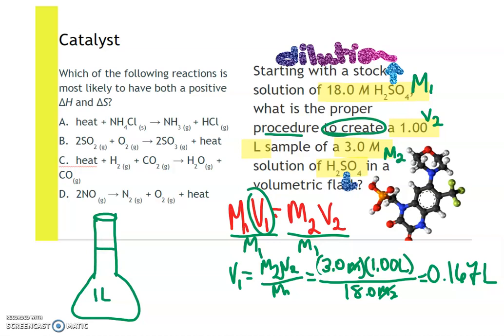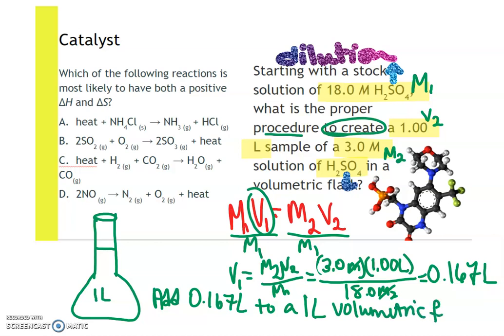You're going to add 0.167 liters to a 1 liter volumetric flask, and dilute with deionized water to the mark.